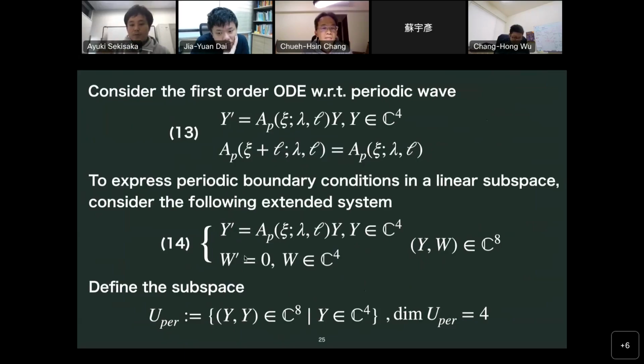However, I want the eigenvalue problem to lead to intersection problems of subspaces. So we can express it as a periodic boundary condition to the linear subspace like this. To express this, we extend this system with the trivial equation.